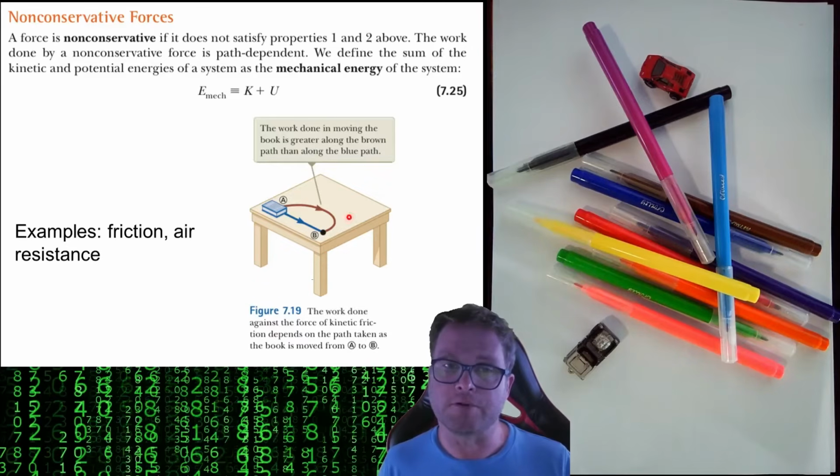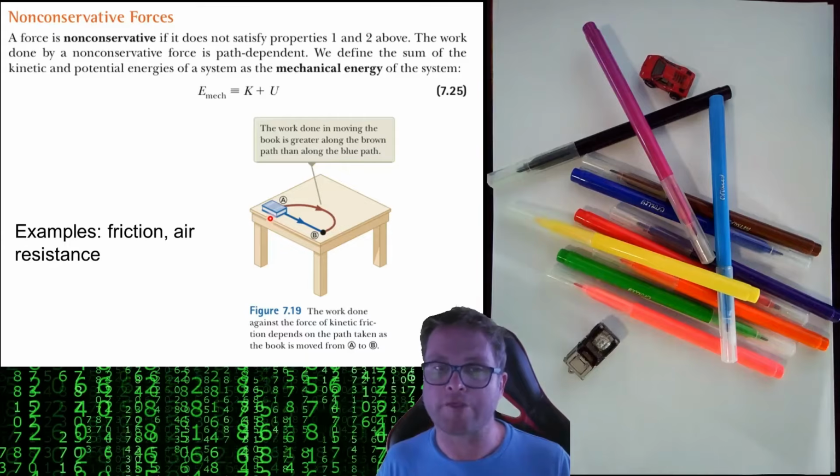In this example shown here, we have a book on a table, and in this case there is friction present between the table and the book. You can consider moving the book along two different paths. The first path is a long path shown by this brown line.